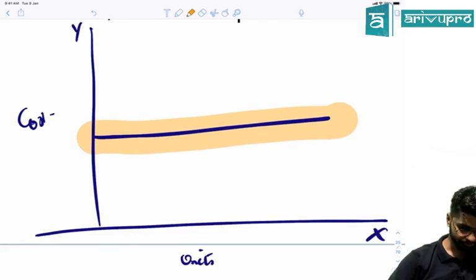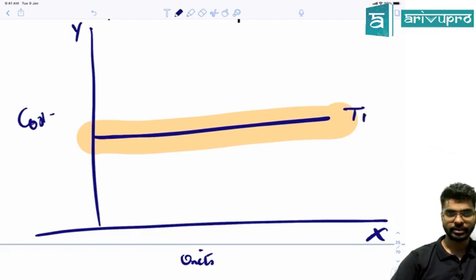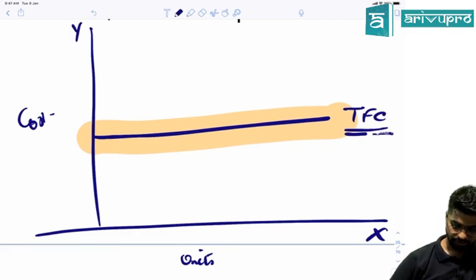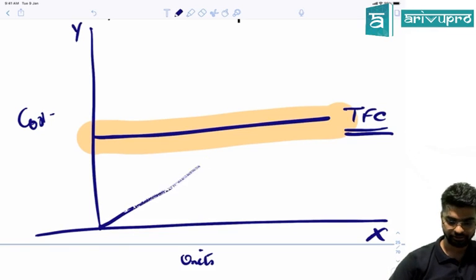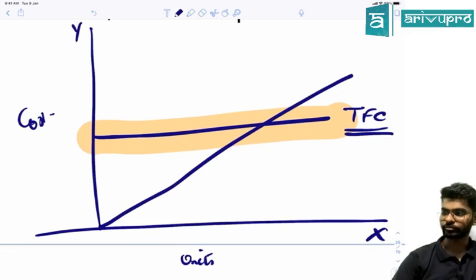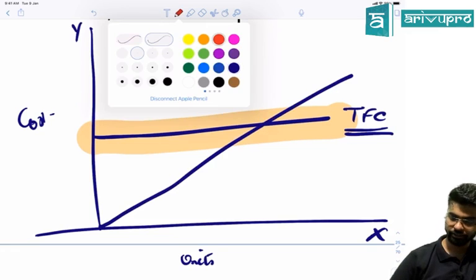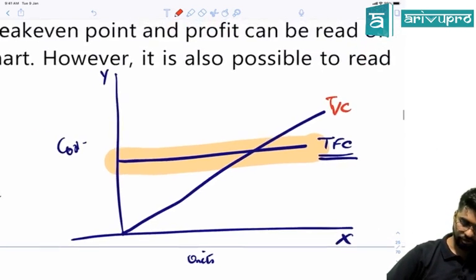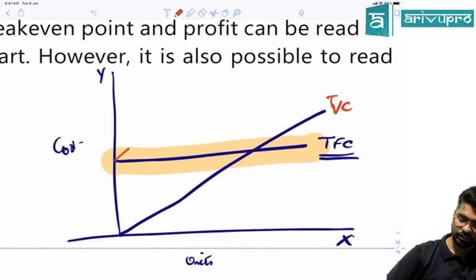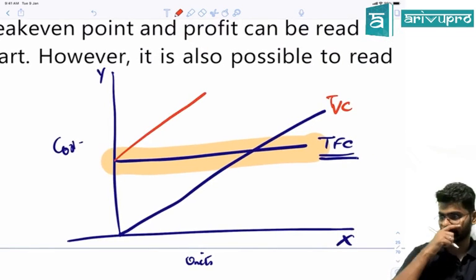This is my total fixed cost. Now, which is this cost that is going to increase as the number of units increases? Correct. Can I say total fixed cost and total variable cost put together is going to be my total cost curve?